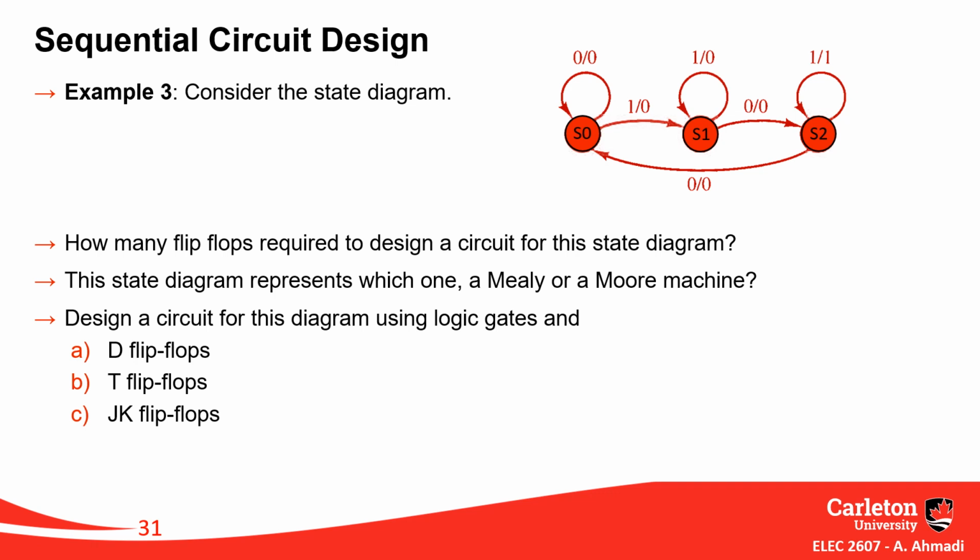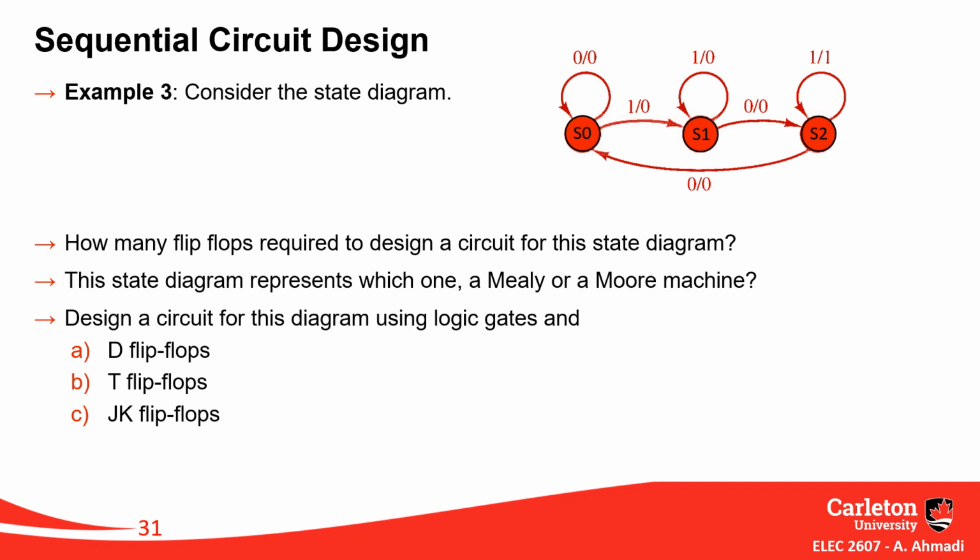This state diagram represents which one? A Mealy or Moore machine? Check it out. For a state diagram or a circuit to be Moore, you have to check all the states.